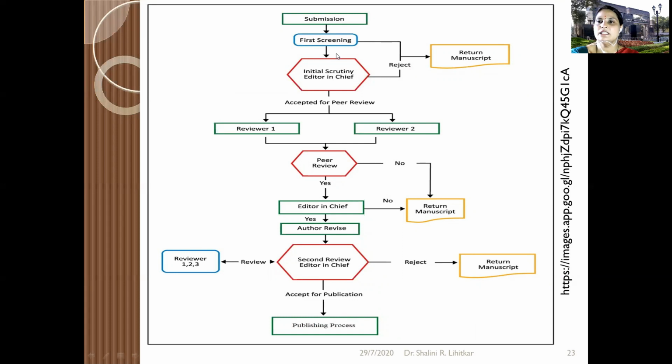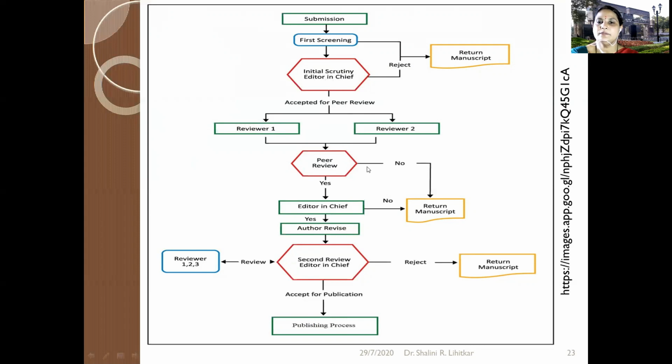But if in the first screening the paper is accepted, then the initial scrutiny will be done by the editor in chief. The editor in chief accepts the paper, and after that they will send it to the peer reviewers. They will send the paper to reviewer first and reviewer second also. Sometimes reviewer third will also be there.